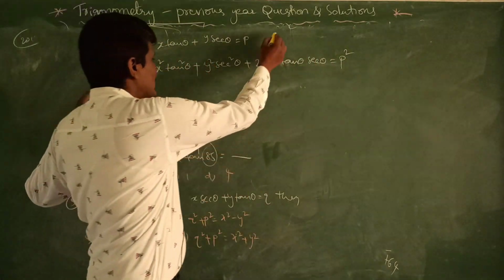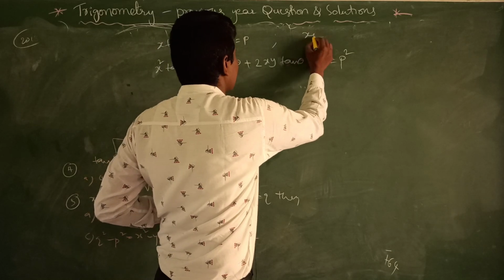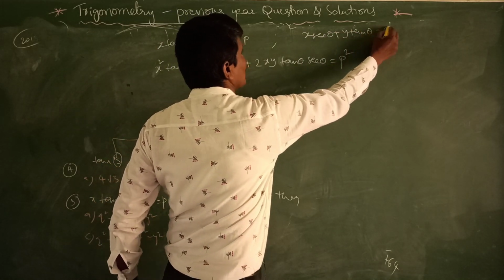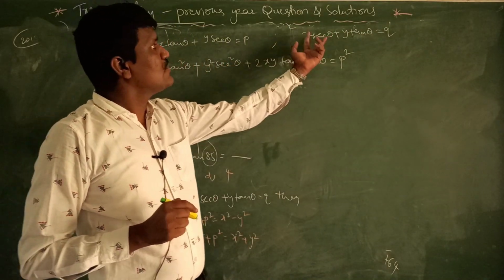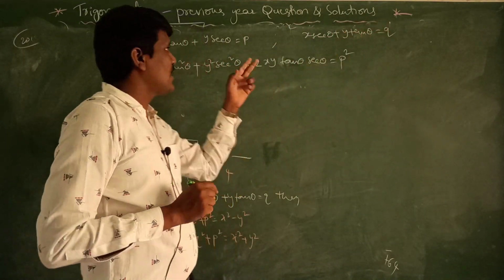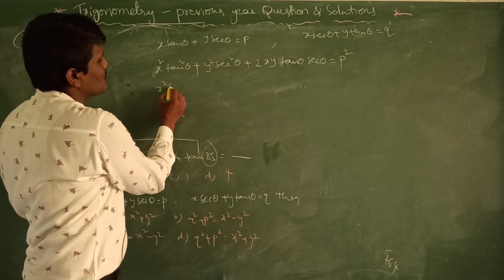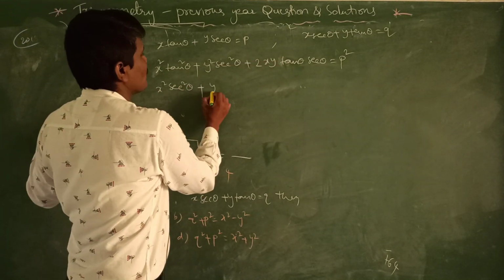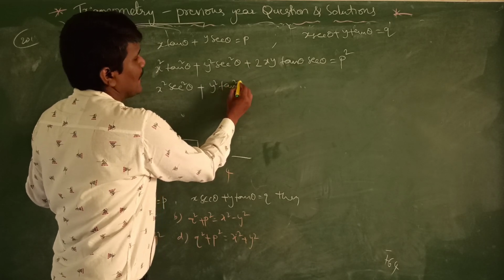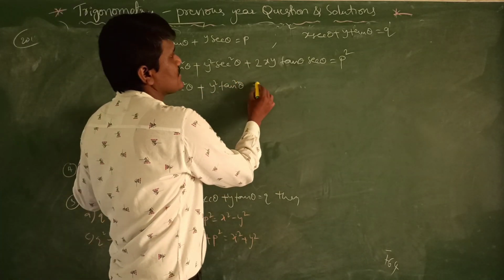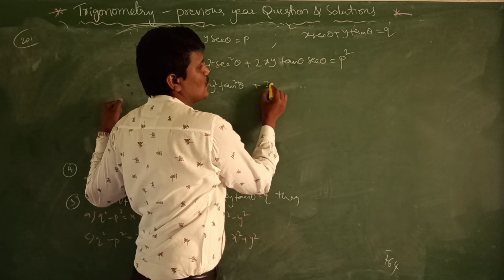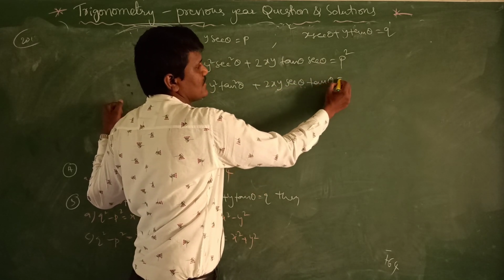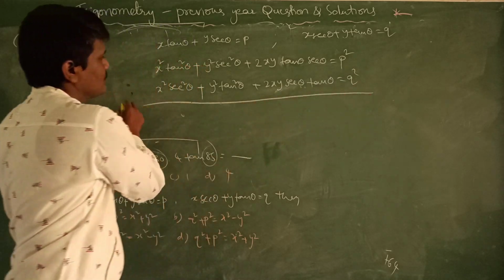And the second equation which we have is x sec theta plus y tan theta is equal to q. By squaring this, I will get x square sec square theta plus y square tan square theta plus 2xy sec theta tan theta is equal to q square.